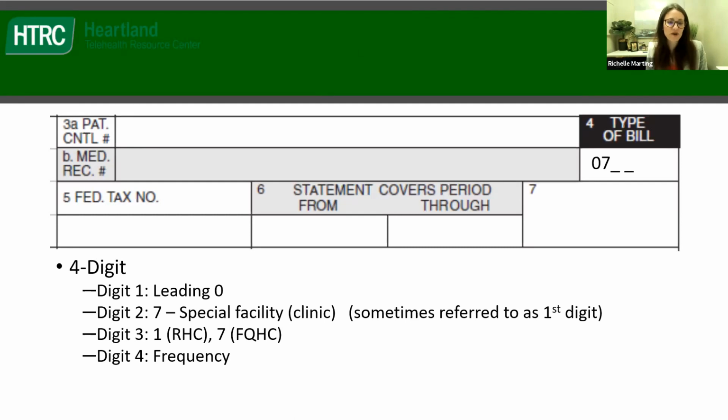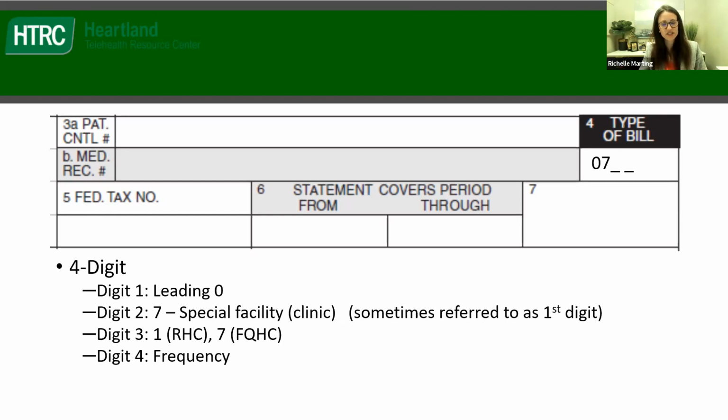So I'm going to start with the top of the UB04 claim form and walk through some of the fields on the claim form and some of the digits or billing rules that come from Medicare's billing guidelines and some of the Medicaid billing guidelines. The first thing in the top right-hand corner of the UB04 claim form is the type of bill.